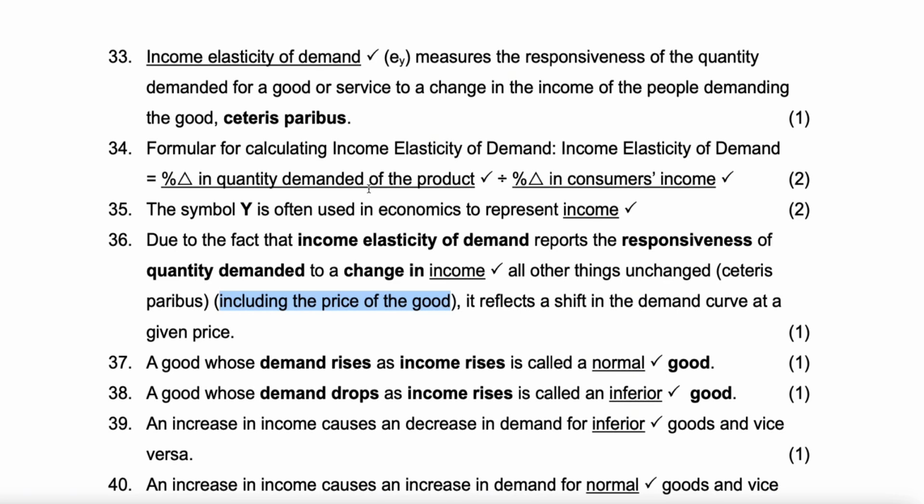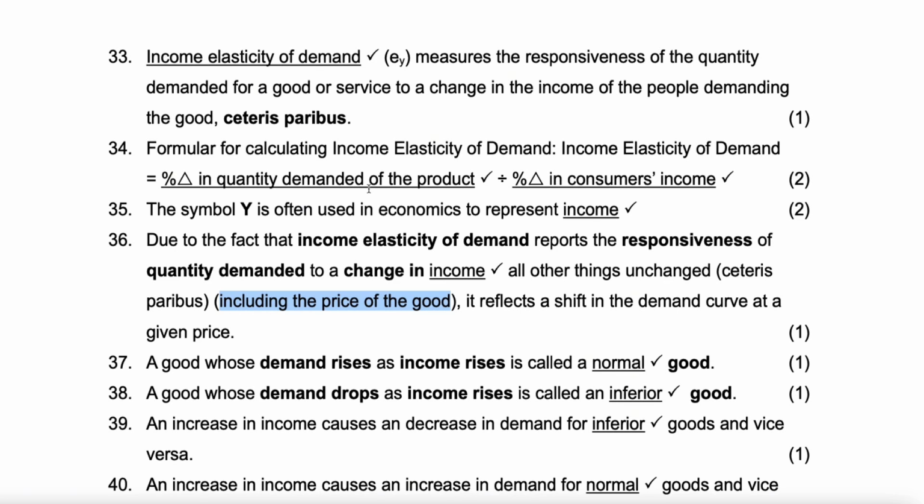If we don't keep it constant, then it might lie to us as to whether a good is normal or inferior. For instance, let's say your income goes up and the price of the good goes up as well. Then you'll probably consume less of it because, even though your income went up, now the good is more expensive, so you cannot afford it. So it will then seem like the good is inferior.